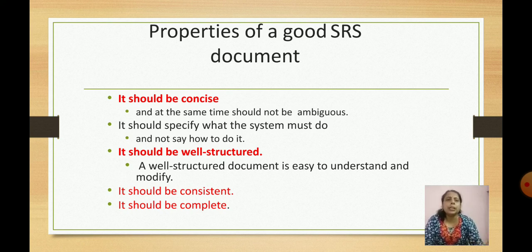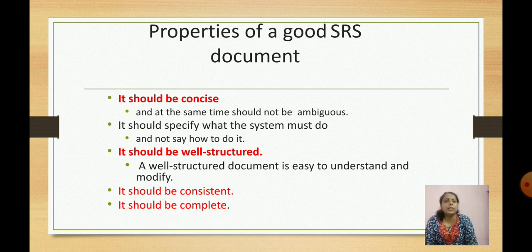Means the SRS document is concise and unambiguous, because in the SRS document it specifies all the requirements of the customer and all the functional behavior of the product, but it doesn't specify how to implement the function. How the process works will not be explained in the SRS document. It only specifies the functional requirements or the behavior of the product.